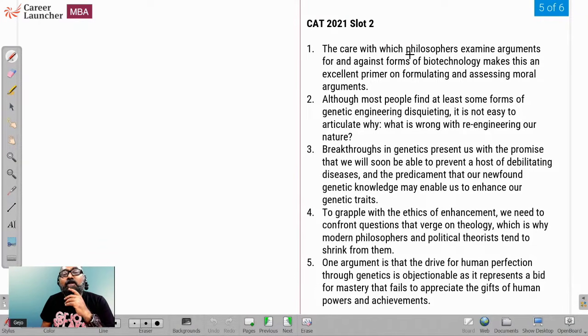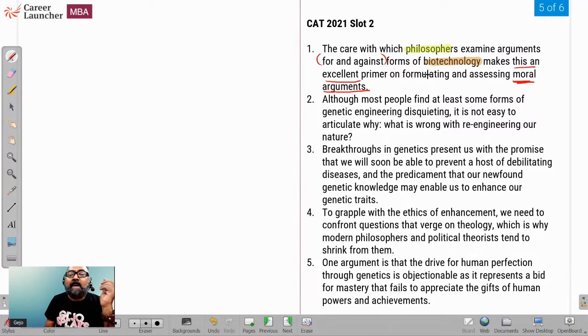The care with which philosophers examine arguments for and against forms of biotechnology make this an excellent primer on formulating and assessing moral argument. When you look at this, you have got another one.